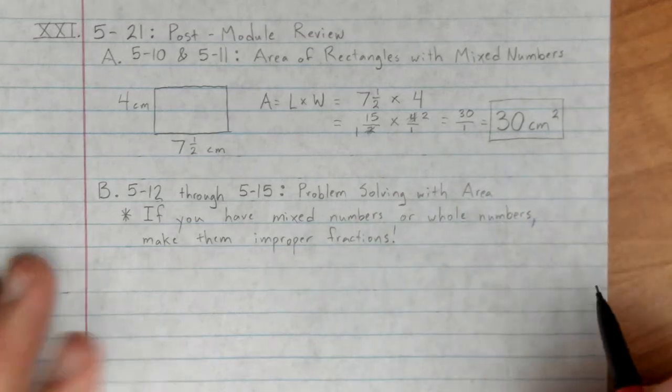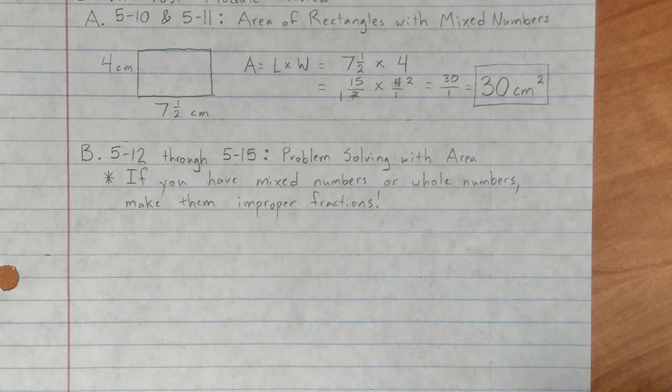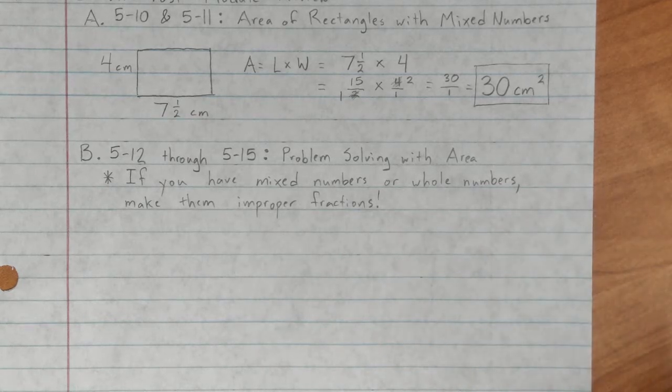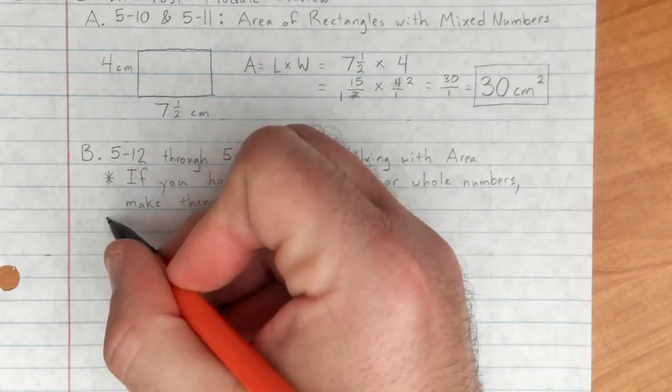We kind of talked about that up above, but I'm going to change my original notes a little bit and make sure we include it here. If you have mixed numbers or whole numbers, make them improper fractions. Make them improper fractions.